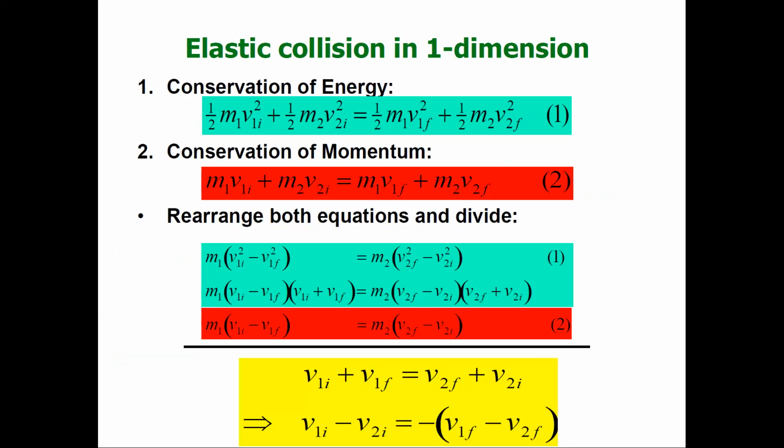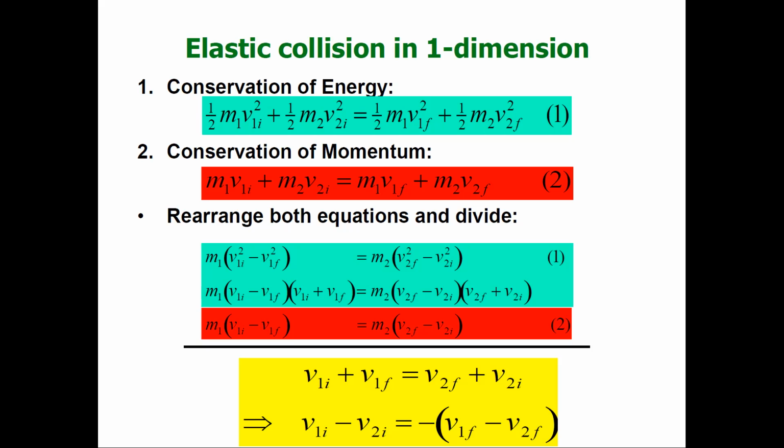Here we don't need to talk much about that. I've mentioned it already: conservation of energy. In our first lecture we used the kinetic energy, which is half mv squared. The kinetic energy of the first vehicle plus that of the second, when you add them, must equal their kinetic energies after the collision.